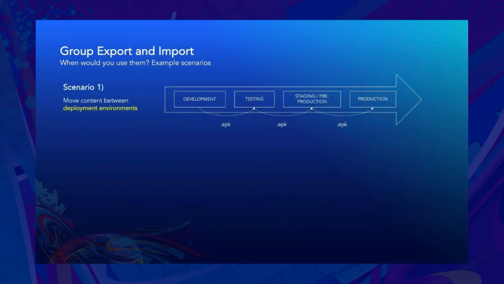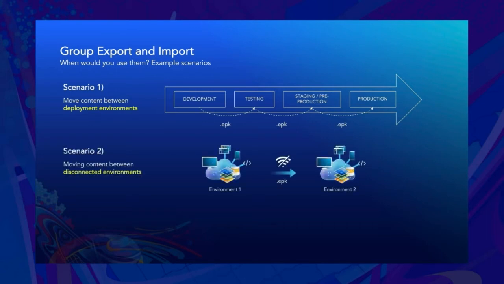Let's see now 3 scenarios where these APIs are pretty helpful. The first one is the same one John just mentioned: moving between deployment environments, dev to test, test to staging, staging to production. The second one is moving between disconnected environments.